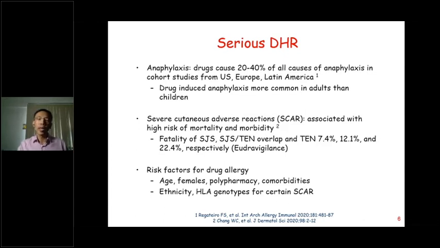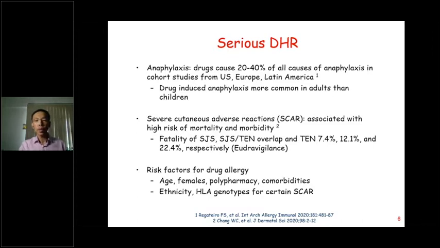If you look at the data from the EuroSCAR vigilance cohort, the fatality of SJS, overlap SJS-TEN, and TEN are respectively in the region of 7%, 12%, and 22.4%.